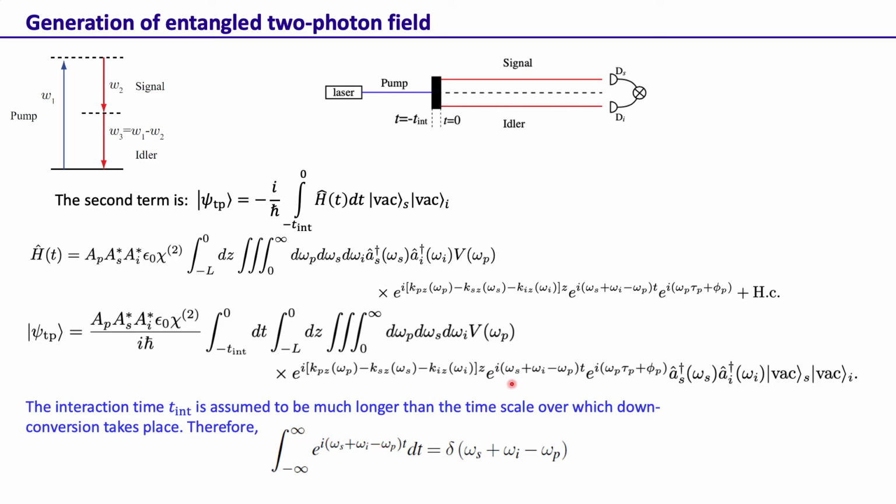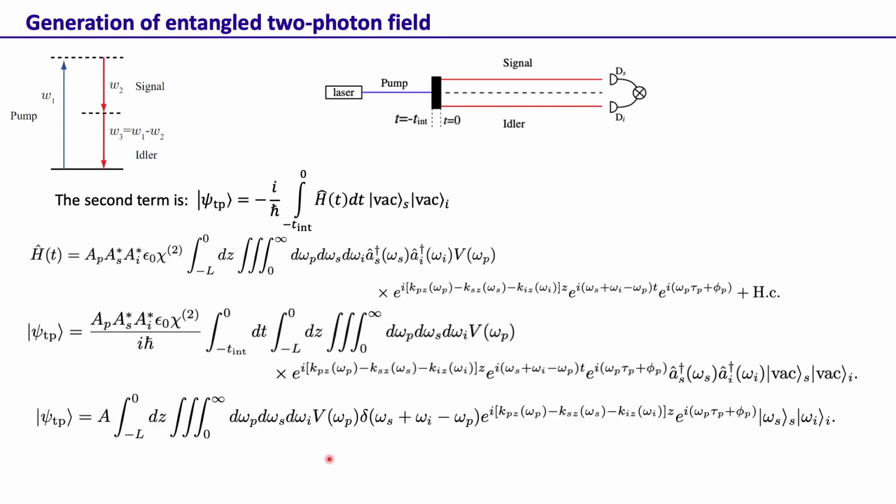And as a result, this time integral, which involves omega s plus omega I minus omega p, is the only time integral we have. This time integral we can then write as just this delta function, delta of omega s plus omega I minus omega p. So if you now write it for this, this is what we get, that's the delta function.